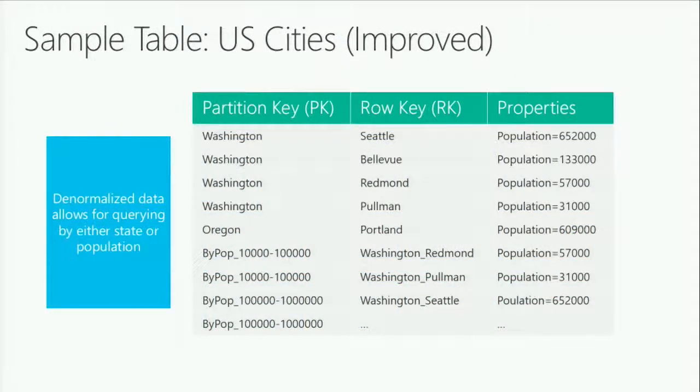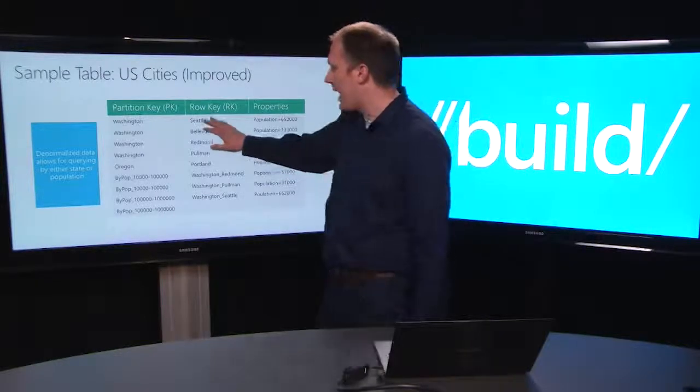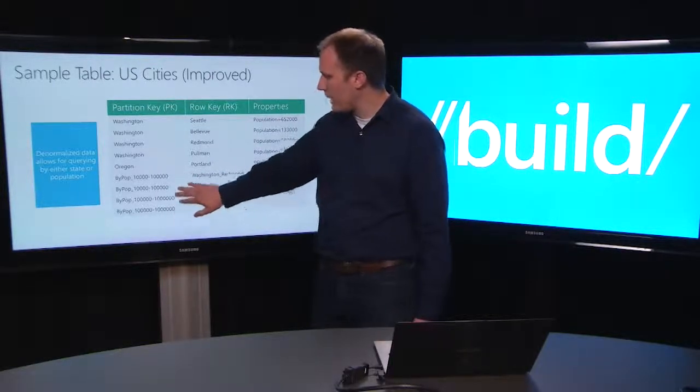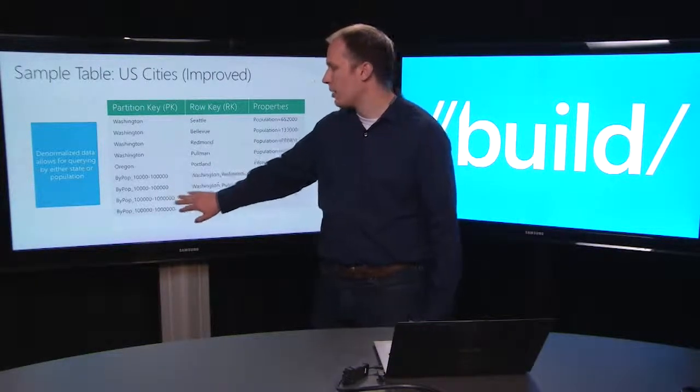So now, if we try and improve this table, we keep all the entities that we had before because we may want to perform queries where we say, get me the population of Seattle, Washington, and that's a nice fast point query. So we kept that, but now we've added additional partition keys, which are population ranges.